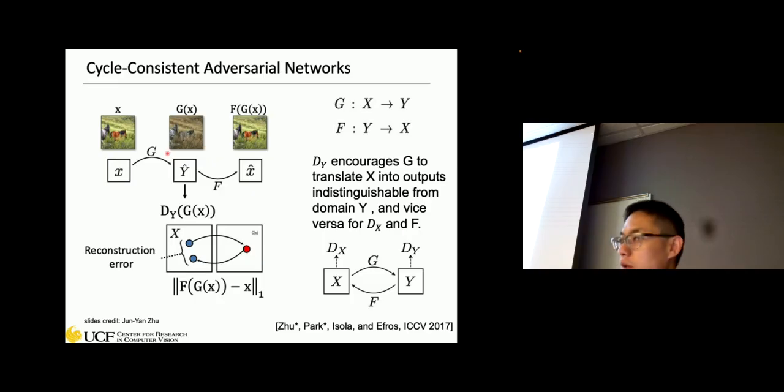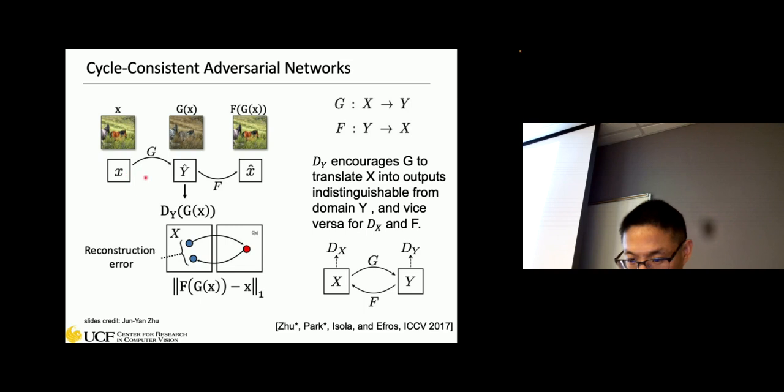Before, we only had one generator, either from a specific condition, like a sketch to an image, or from random noise to an image. But here we have two generators. For this particular example, remember G is the zebra generator, from horse to zebra. And F is going to be a horse generator, so that is coming from the zebra domain to the horse.